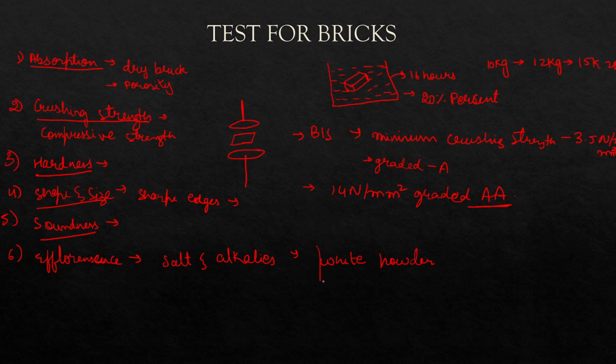If there is presence of this white powder on the brick, this means that the strength of the brick is decreased. So these are some of the tests carried out usually on the sites.